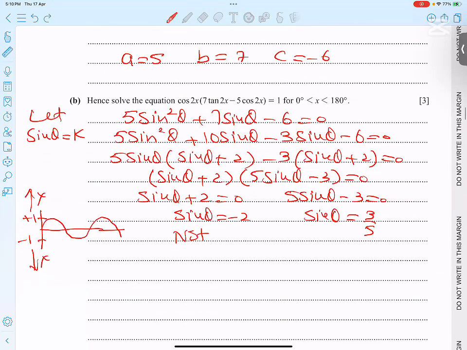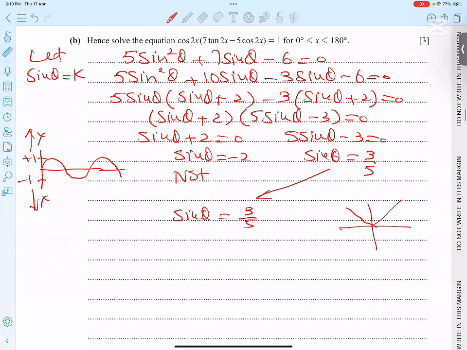Now talking about the other one. Sine theta is equal to 3 upon 5. I will take the sign positive in this quadrant and this quadrant. So theta, the basic principal angle, I get it as sine inverse 3 over 5. And make sure it's in degree mode. So convert your calculators to degree mode.